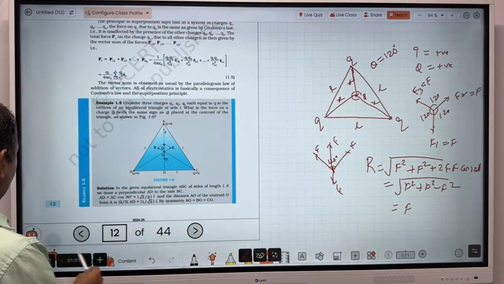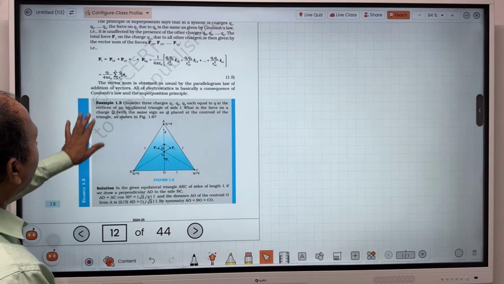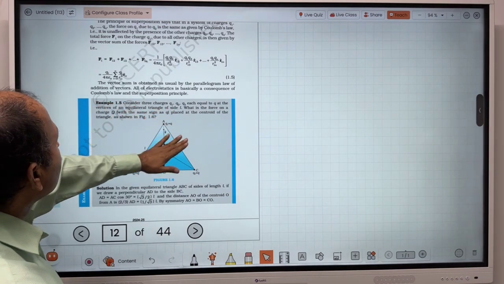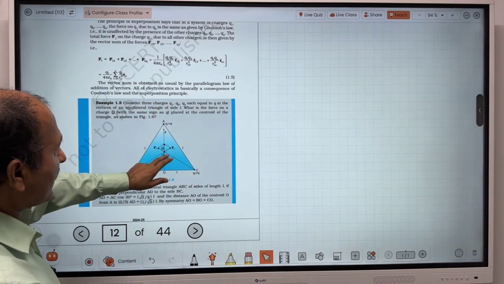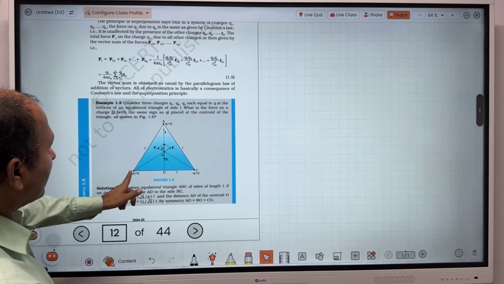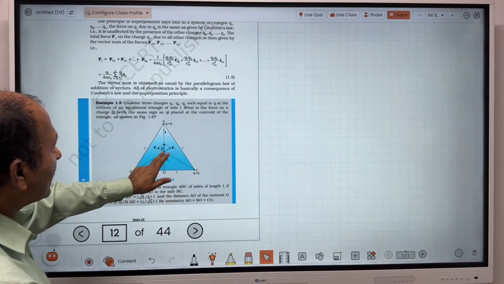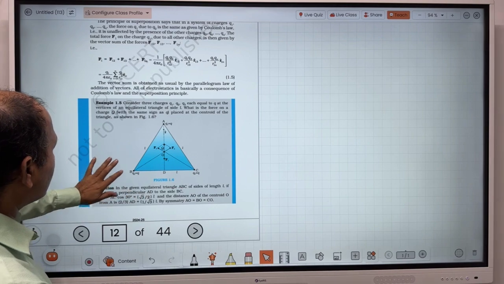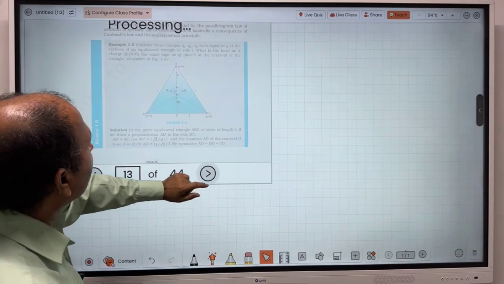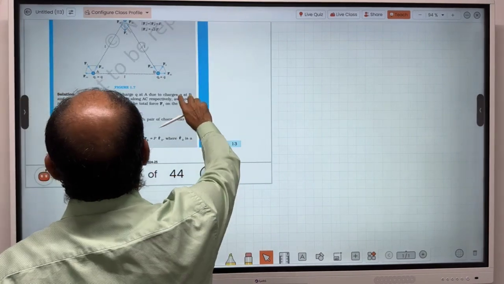So in our question, the situation is shown here. Charge q is at the centroid and these three charges are at the vertices of an equilateral triangle. So the net force on the charge q must be 0. If you wish, you can see this in the solution also.